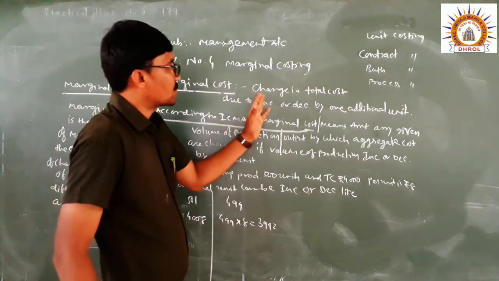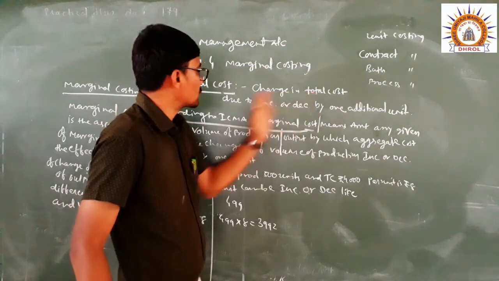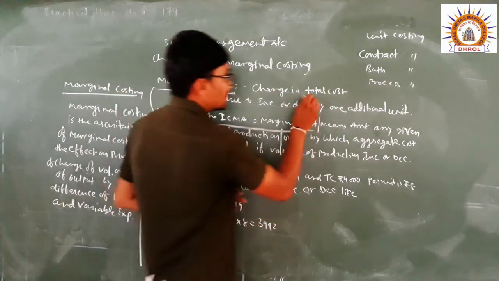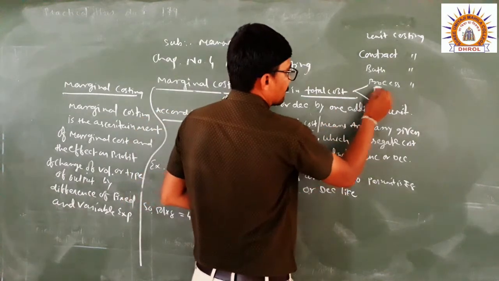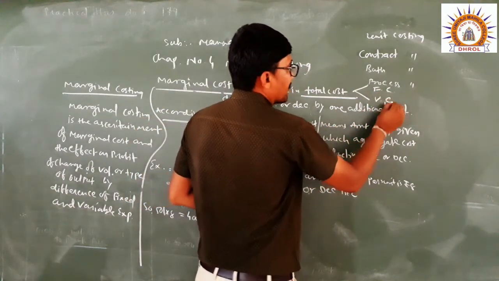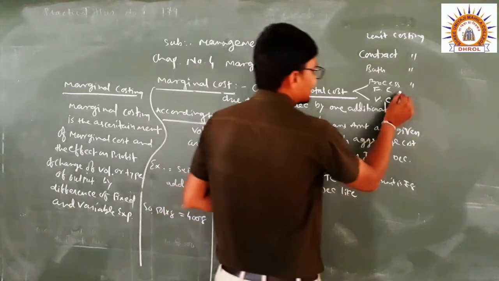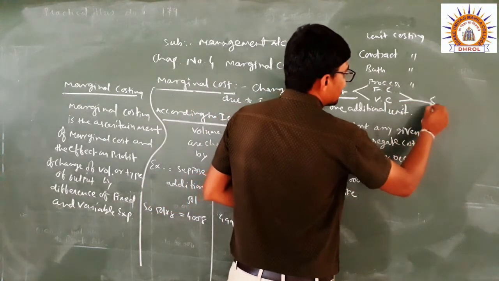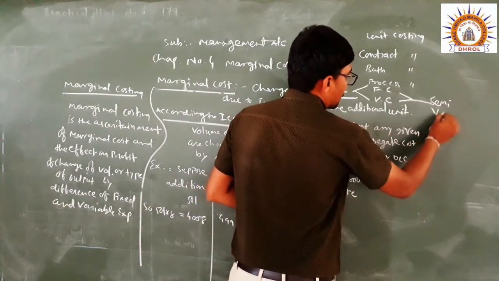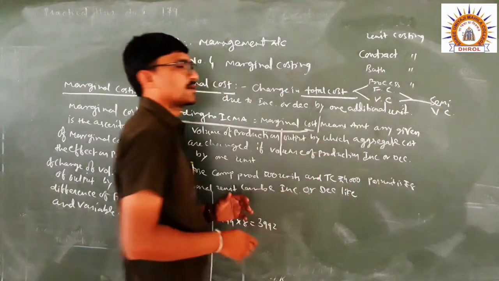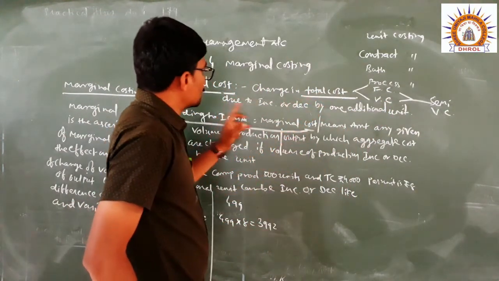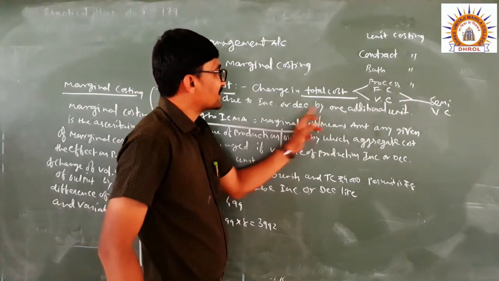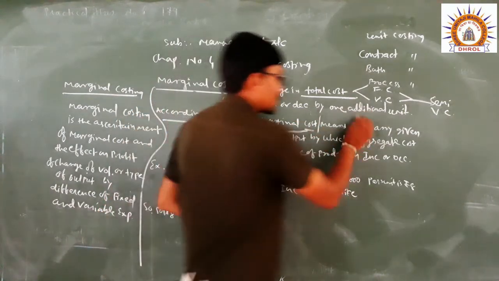Marginal cost means the change in total cost. When you use the word total cost, there is a classification of fixed cost and variable cost, and along with that there is semi-variable cost also, which you studied well in SY. Total cost changes due to an increase or decrease by one additional unit.